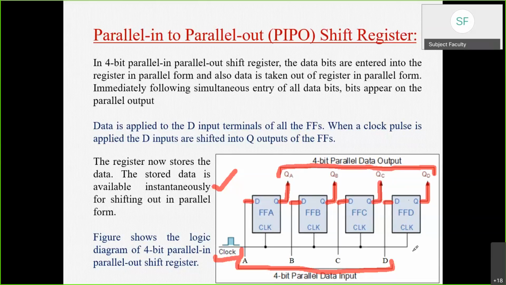So you are giving input in parallel using the A, B, C, D data lines, and you are collecting your output in parallel across the outputs of all flip-flops, that is QA, QB, QC, and QD. This is the circuit description of this parallel in, parallel out shift register.